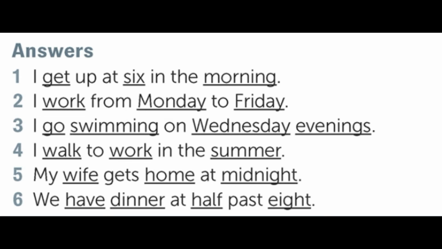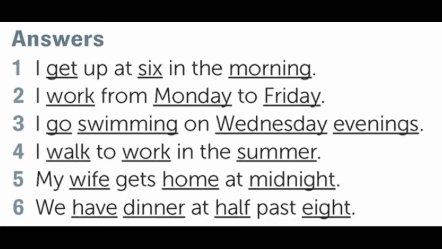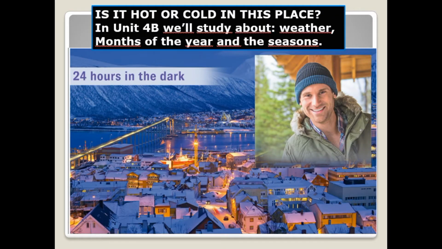Number 3, I go swimming on Wednesday evenings. 4, I walk to work in the summer. You see? Number 5, my wife gets home at midnight. And 6, we have dinner at 8:30. So these are the stressed words, the most important ones, the ones that have meaning in the sentence.